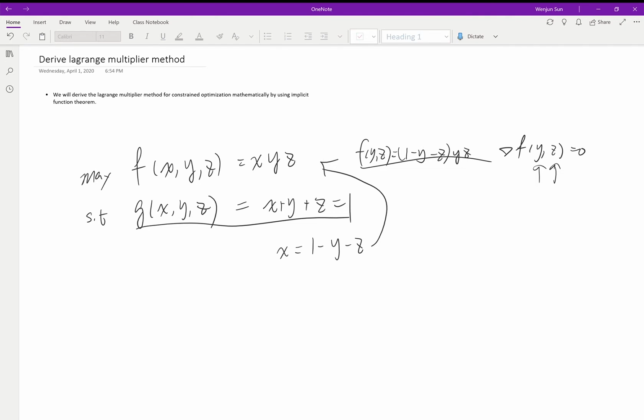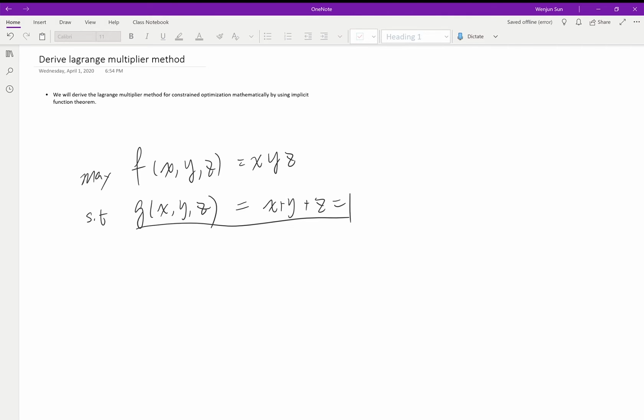But this method is not general enough, because sometimes the variable x might be very hard to solve for in terms of y and z. So that's where the implicit function theorem comes in, right?